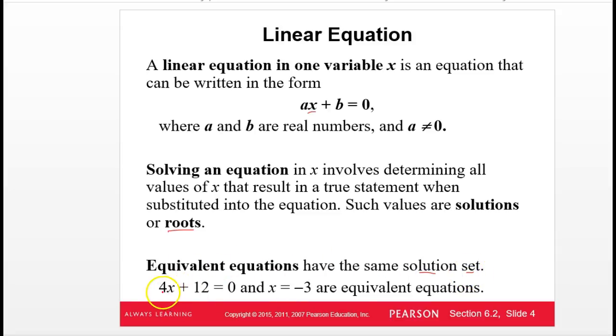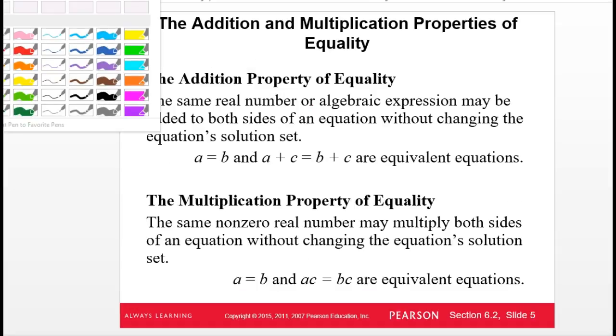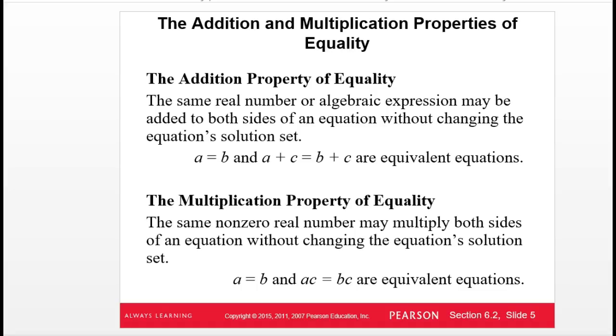So negative 3 times 4 is negative 12, negative 12 plus 12 is 0, and just negative 3 equals obviously negative 3. So equivalent equations just have the same values for the solution sets. One important property of solving these equations is the addition and subtraction property of equality, with subtraction kind of put in here with it, and the multiplication and division is kind of grouped in here with the multiplication property of equality.